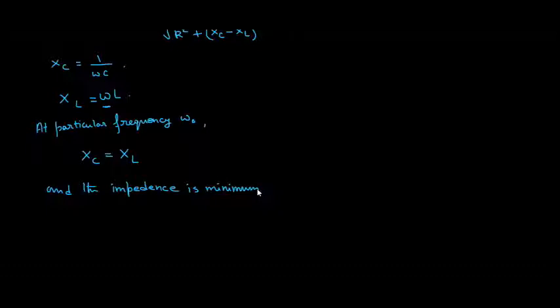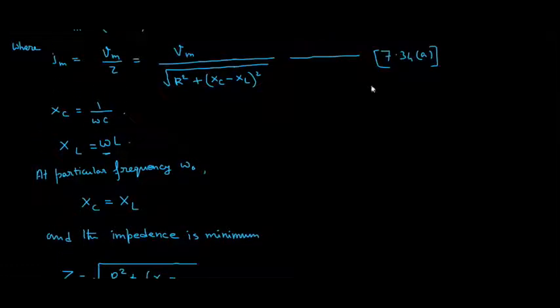Minimum. That is, impedance Z is equal to under root R square plus Xc minus Xc, because Xc is equal to XL, so instead of XL we can write Xc.